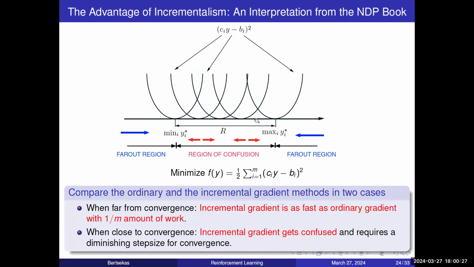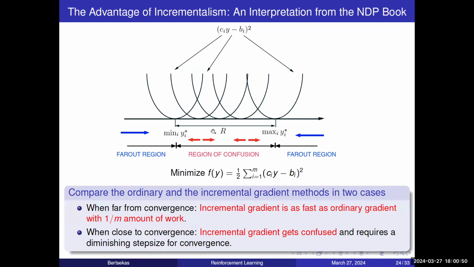On the other hand, when close to convergence, that is, if the current yk is somewhere here, then the direction for the update depends on the component you choose. If you choose this particular component, it's going to tell you to move to the right. Whereas if you choose this component, it's going to tell you to move to the left.